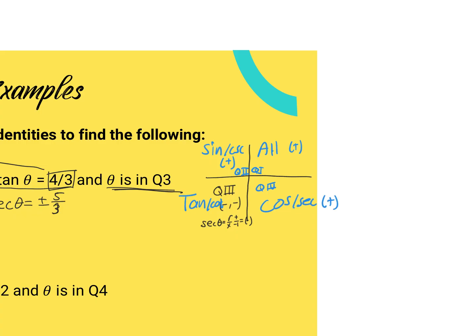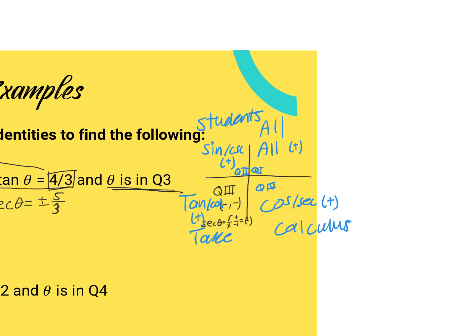One way that I like to remember this is all students take calculus. So in the first quadrant, everything is going to be positive, all of them. In the second quadrant, all students, S goes with S, so sine and cosecant go together.